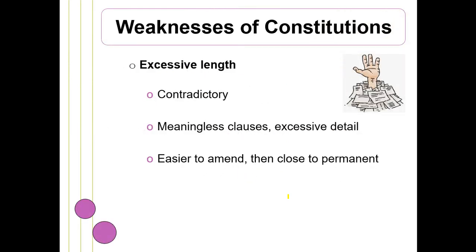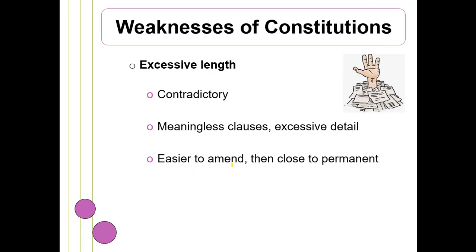The state constitutions have some weaknesses, one of which is excessive length. They get into considerably more detail, with a lot of clauses that may be meaningless or lose their meaning over time. This results in more contradictions within the fundamental law of the state. They are generally easier to amend than the U.S. Constitution, which, as we talked about, has not been amended very much over the past couple of centuries.